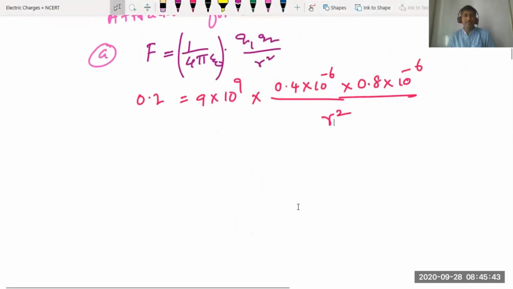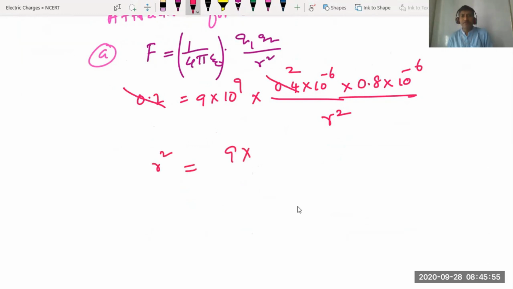Now let us take the next step, a simple mathematical simplification. 0.2 here, 0.4 is there, it goes 2 times, and r square I'm writing on the LHS. So 9 into 2 into 0.8, that means 1.6 into 10 power, if I simplify, minus 6 means minus 12 plus 9, so minus 3.